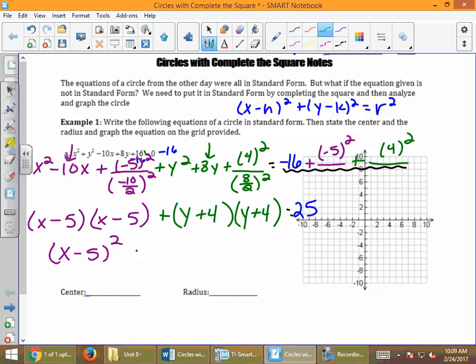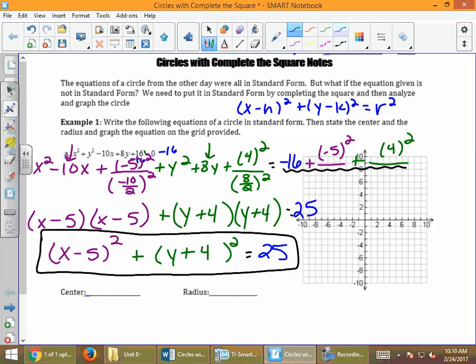We have 2 y plus 4, so how could we rewrite that? y plus 4 squared. And then it's going to equal, nothing happens on the other side, it still equals 25. And there we go. We have our equation of our circle.